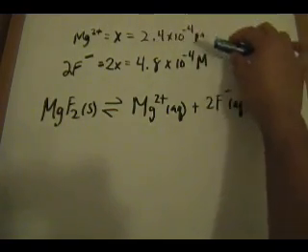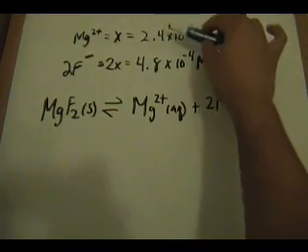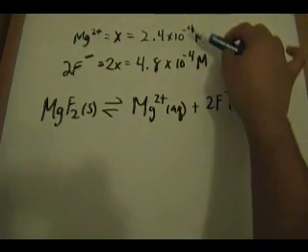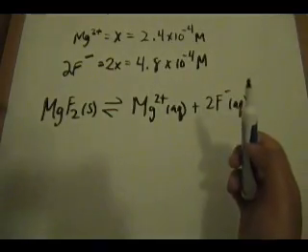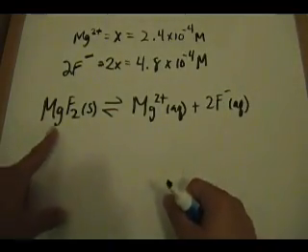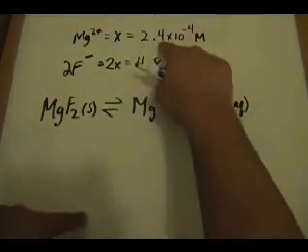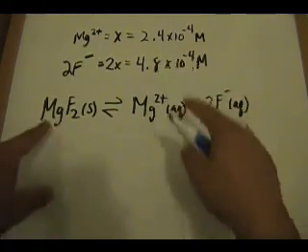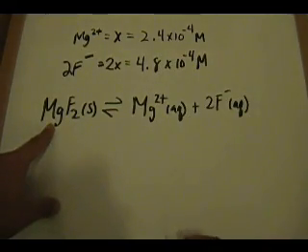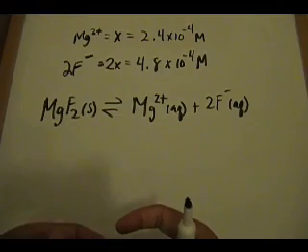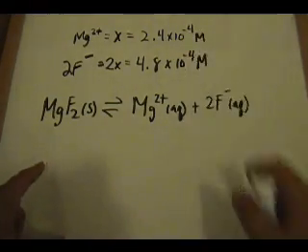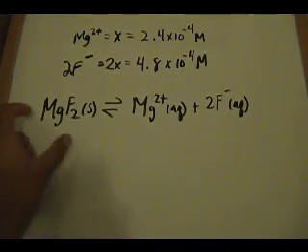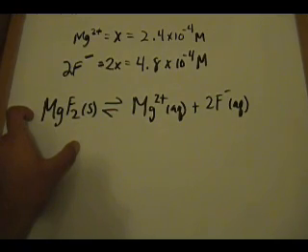So in order to generate 2.4 times 10 to the negative 4 magnesium ions, we had to dissolve 2.4 times 10 to the negative 4 magnesium fluoride, that compound. We needed 2.4 times 10 to the negative 4 magnesium fluoride molecules or compounds.